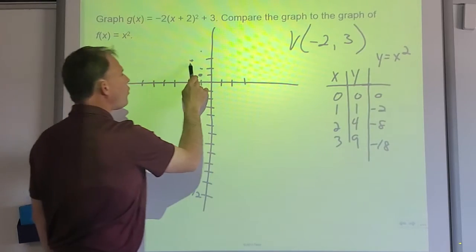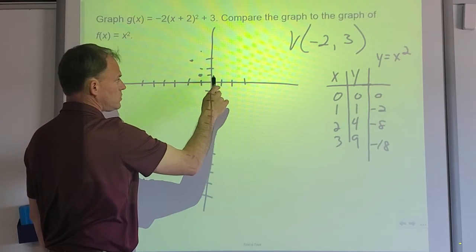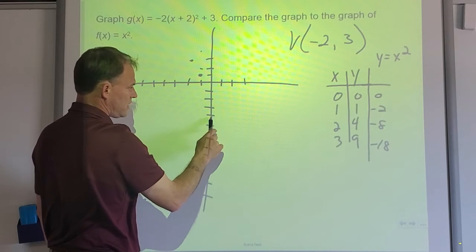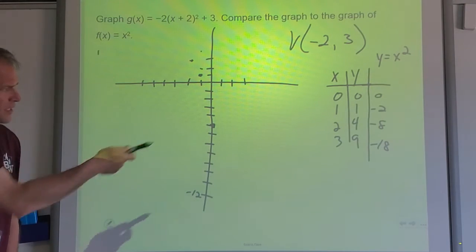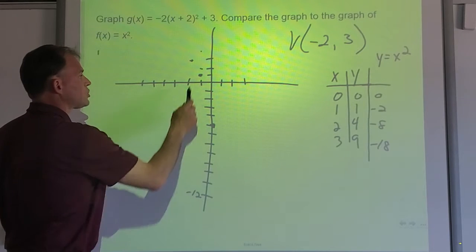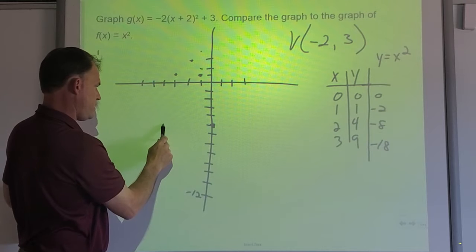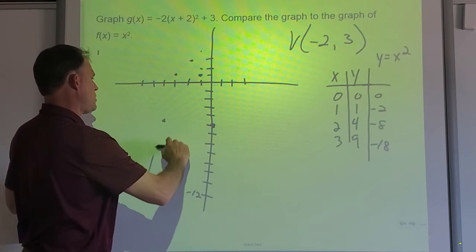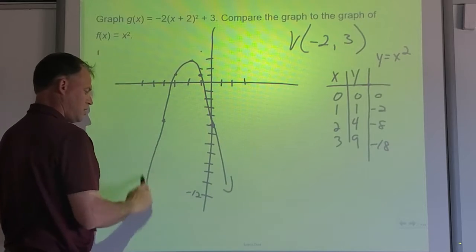Instead of being 2, 4, it's 2 down 8. 1, 2, 3, 4, 5, 6, 7, 8. All right, so now I got a pretty good idea. I'm not going to go all the way to negative 18, but I've got my symmetry. So I know that this point is symmetrical over here, and this point is symmetrical over here. So I've got a nice curve.